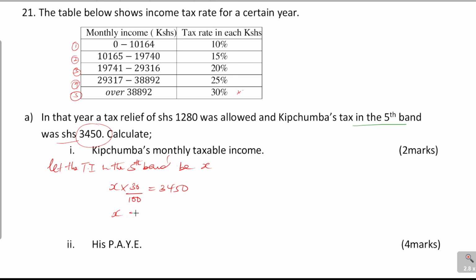So therefore X will be given by 3450 multiplied by 100 divided by 30, and when you work it out, you will get 11,500.